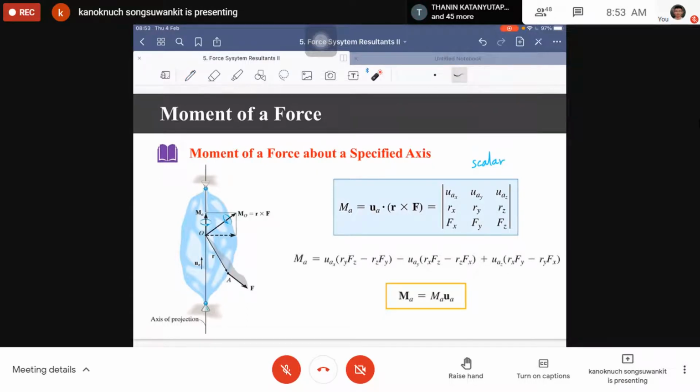So this result shows the magnitude of MA, only the magnitude. The scalar can be either positive or negative, which indicates the direction of MA along the A-axis. With just one scalar defining the magnitude, we then have to make this scalar become a vector by using the dot product again. From this equation, you need to multiply by UA again.